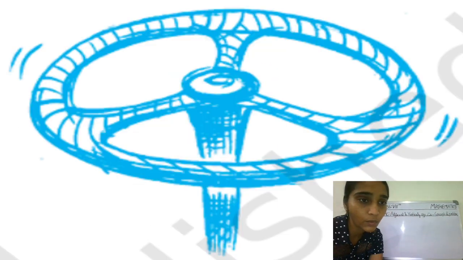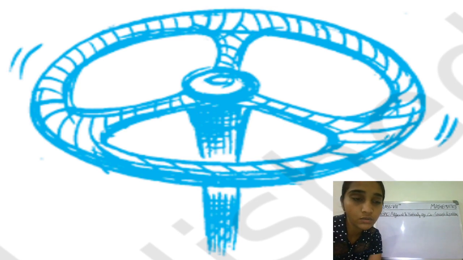Now let us take one more example, students. What is this? Yes, this is the steering of a vehicle, we can say. Now if I ask you to mark a few of the adjacent angles here, how will you mark? Yes, you must be marking it like this. We can see one angle is formed over here, and one angle is formed over here.